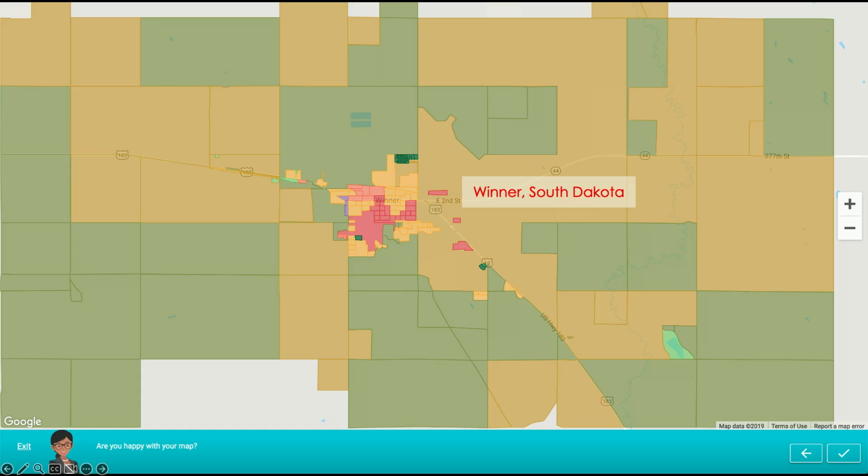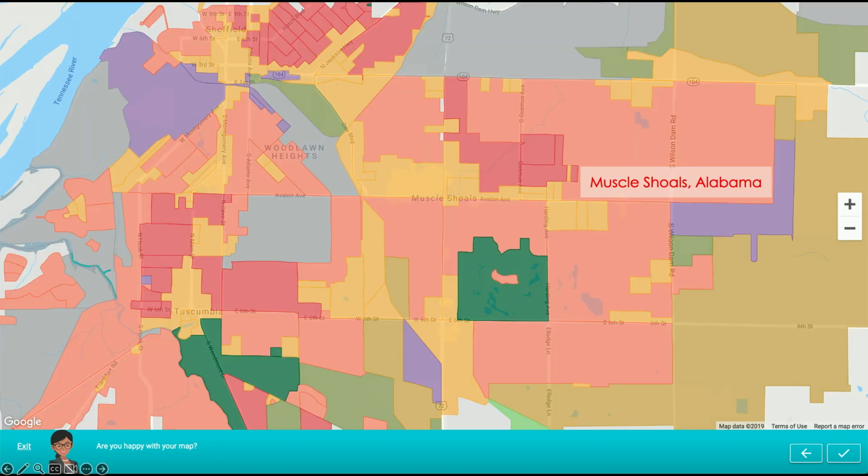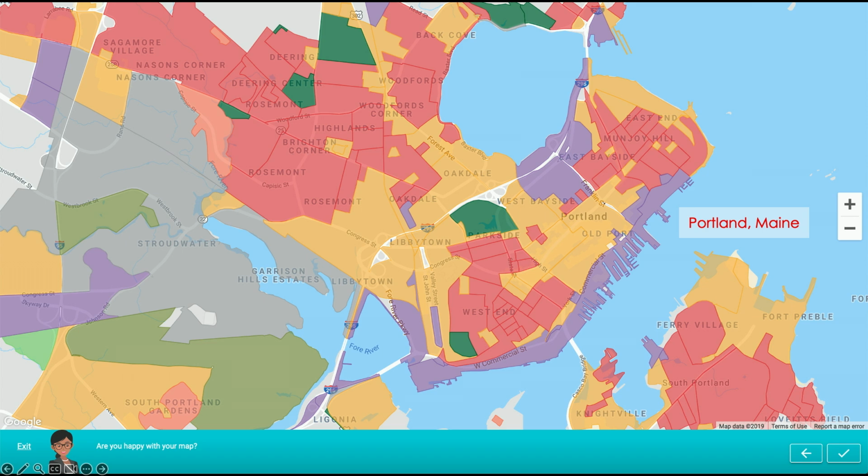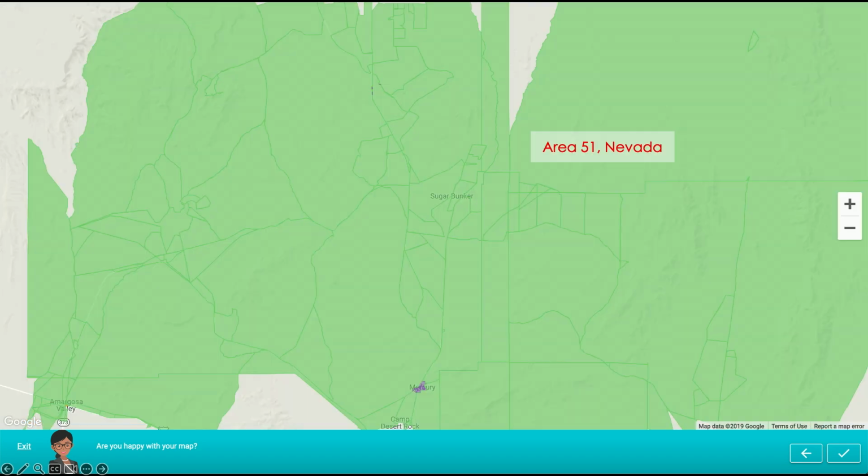Right? So you can construct a model anywhere. You can make one for Winter, South Dakota. You can make one for Muscle Shoals, Alabama, Portland, Maine. You can even make one for Area 51 in Nevada if you want.